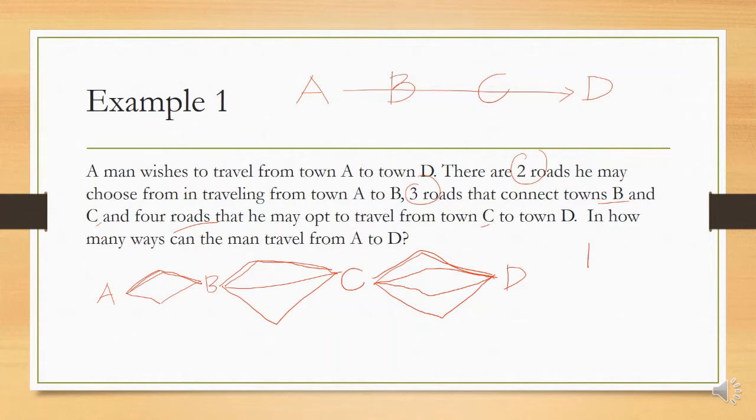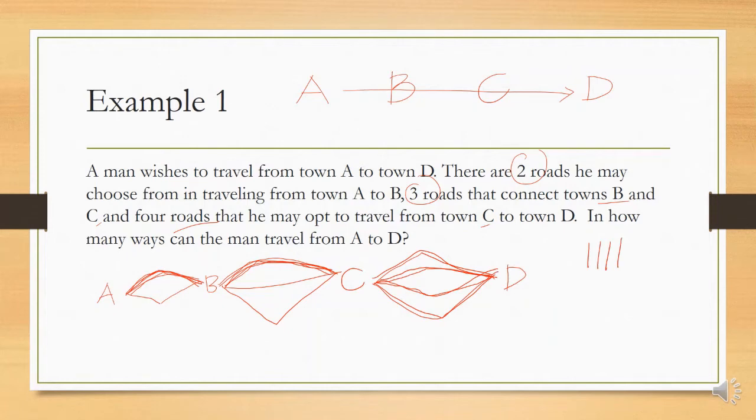Pwede rin kasing dumaan si man dito, pero yung second route, sa C to D ang dinaanan niya. That is another one. Okay? And so on and so forth. So, dito ulit, dyan ulit, and then the third route, and dito naman, dito ulit, and the fourth route. So, 4 na yung nabilang natin.